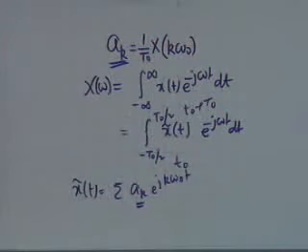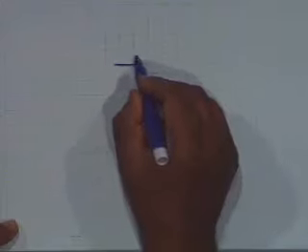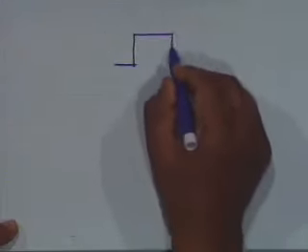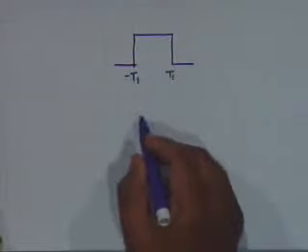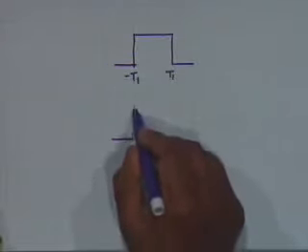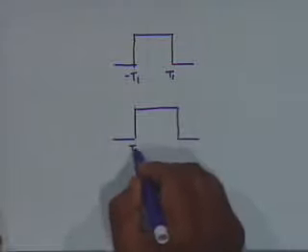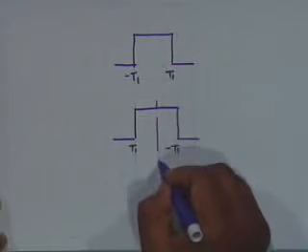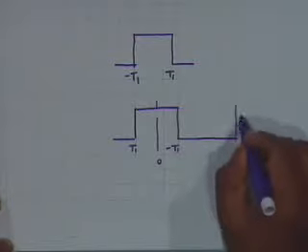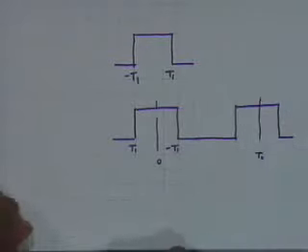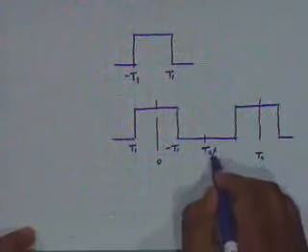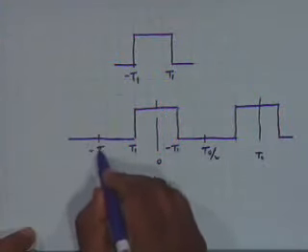Isn't that right? To illustrate the point, let's take the rectangular case again. T1 and minus T1, and the periodic repetition of this is this, T1, minus T1, and then this is 0, then we have this is T0, alright. Now this is T0 by 2 and this is minus T0 by 2.